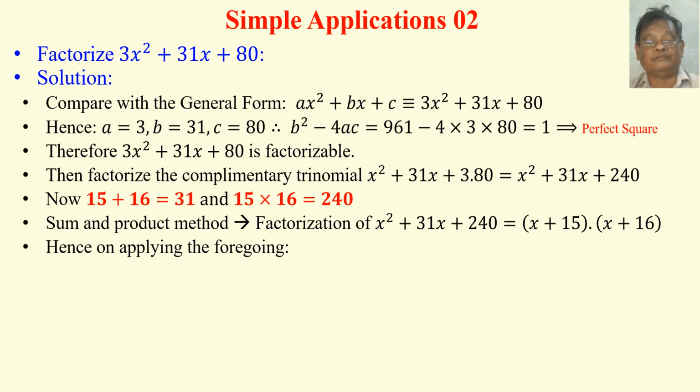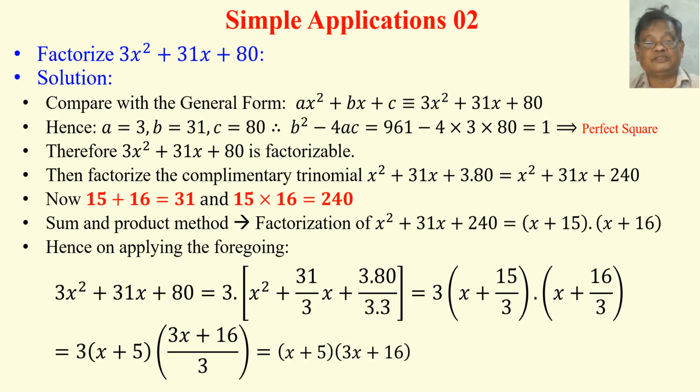Hence, on applying the foregoing, 3x squared plus 31x plus 80 is equal to 3 times x squared plus 31 by 3 into x plus 3 into 80 divided by 3 and 3 into 3, and that is equal to 3 times, one of the factors is x plus 15 by 3 and the other factor is x plus 16 by 3. Upon simplifying, we get x plus 5 into 3x plus 16.